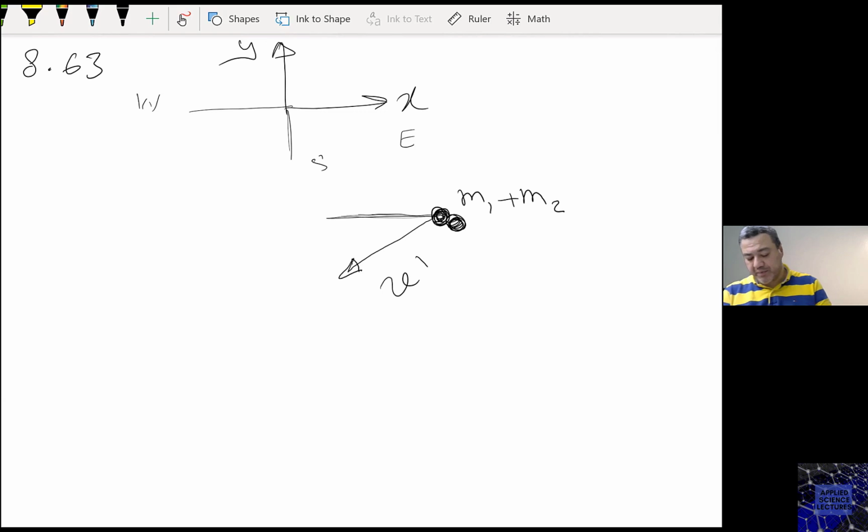This is V prime. So I will put here V prime as 11 meters per second, and this angle as 35 degrees.